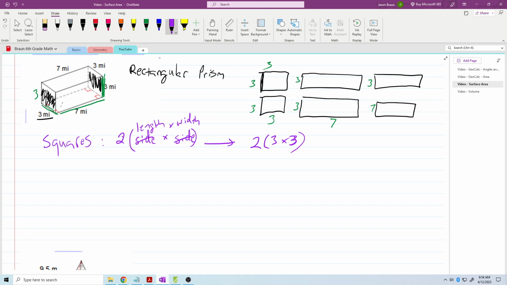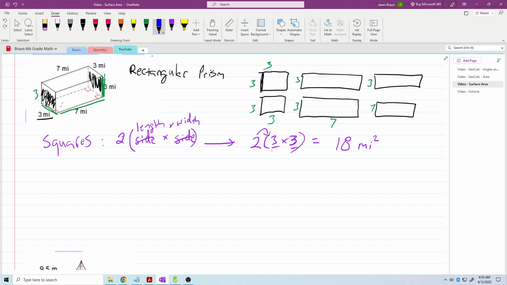So the area of all of my squares is 3 times 3, which is 9, and then distribute the 2 to that 9. Altogether, that's 18. If you want to be more precise, the units would be miles squared. I wouldn't necessarily ding you on lack of units. At this point, I'm more concerned that you can deduce what the number is. But in any case, got my squares.